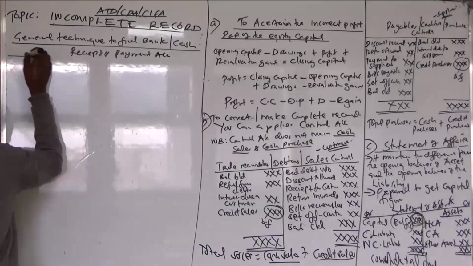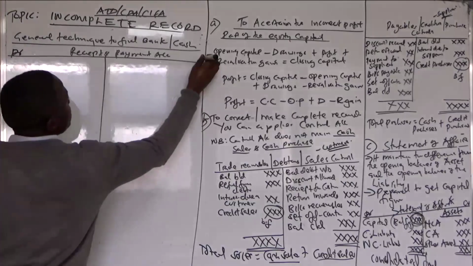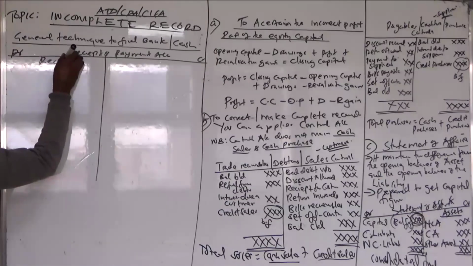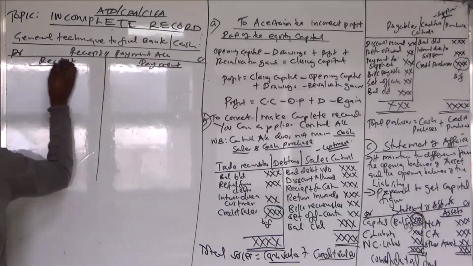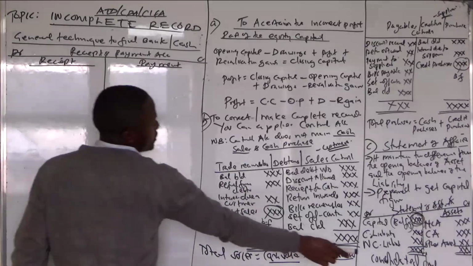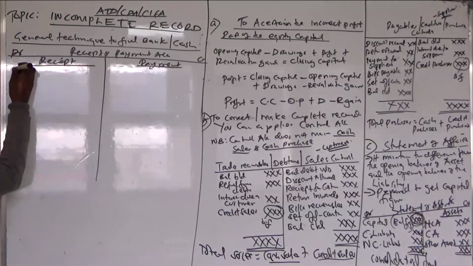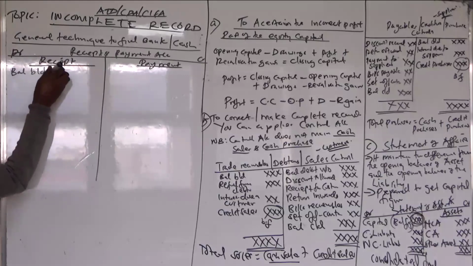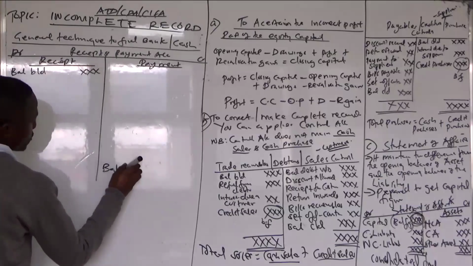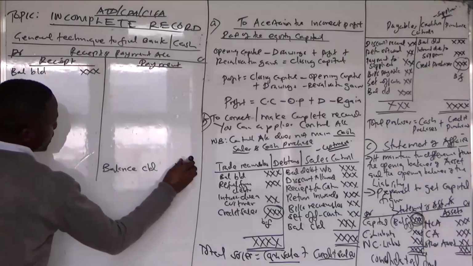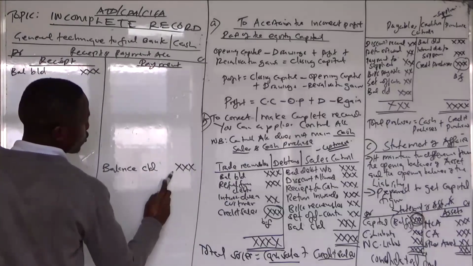Do you know how to prepare this one? Receipts are on the debit side and payments on the credit side. This bank balance is called cash balance brought down, and it goes to the balance sheet.